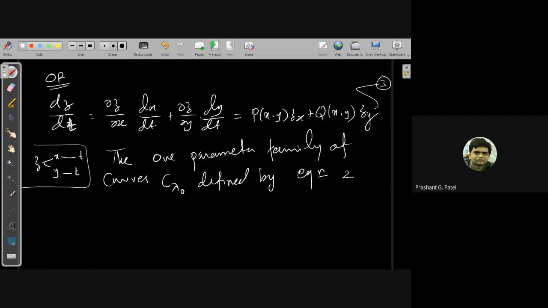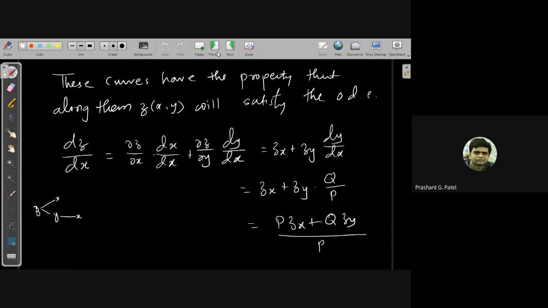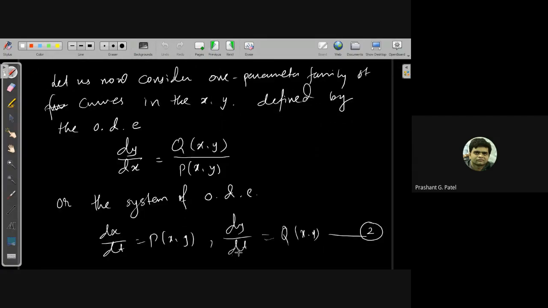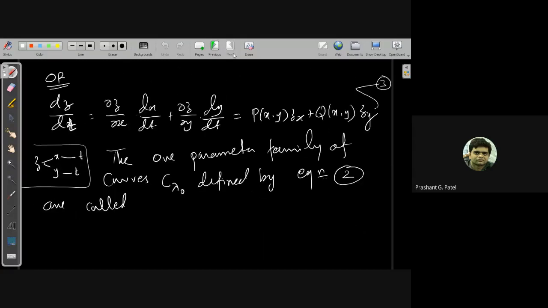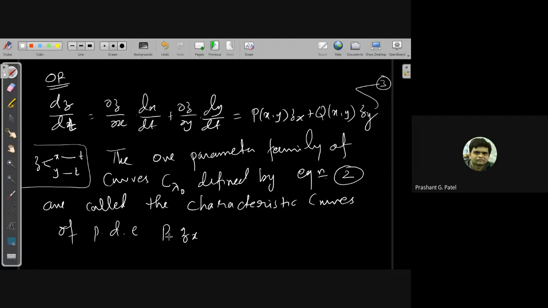The solutions of the system by equation 2 are called the characteristic curves of the partial differential equation p z_x plus q z_y is equal to r.